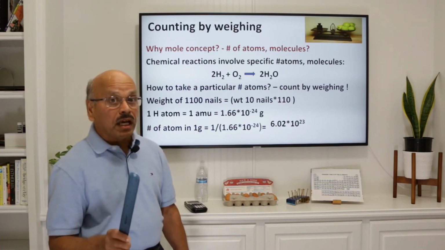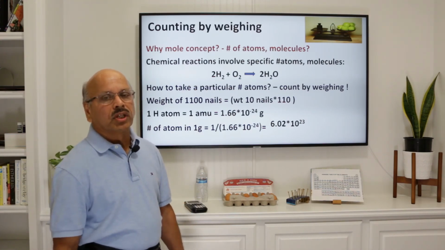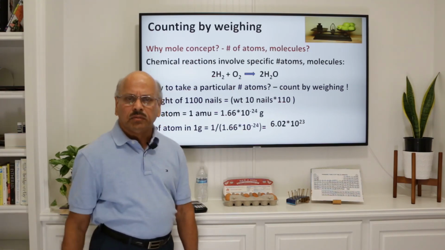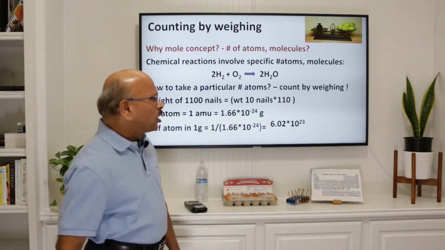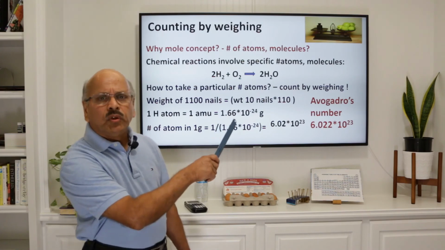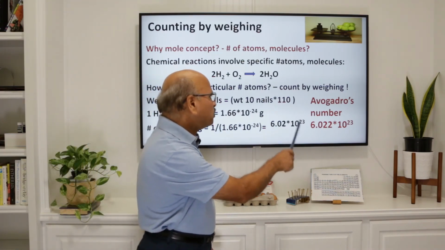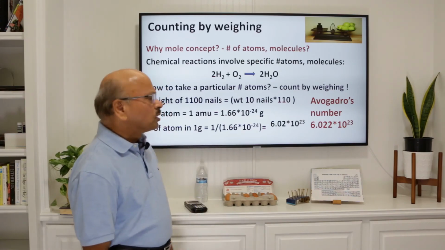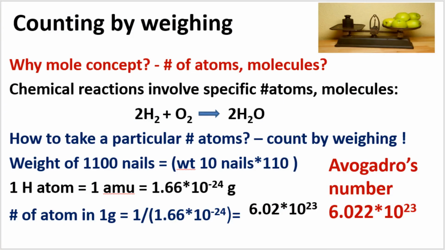And if you're not getting that, that means you are not doing the calculation correctly. But we are using an approximate mass for the hydrogen atom. If we use the correct atomic mass, the number is going to be 6.022 × 10^23. And this number we usually call Avogadro number. This is a very large number.